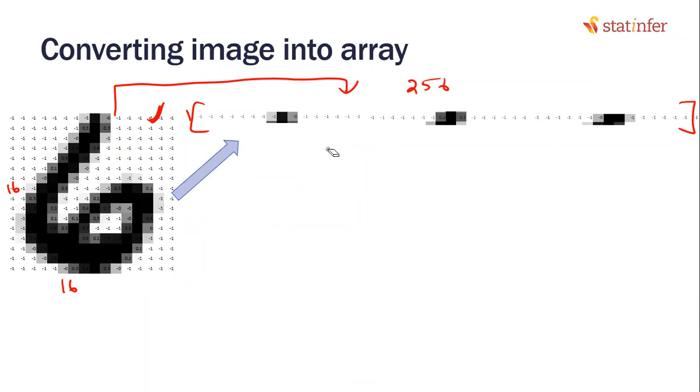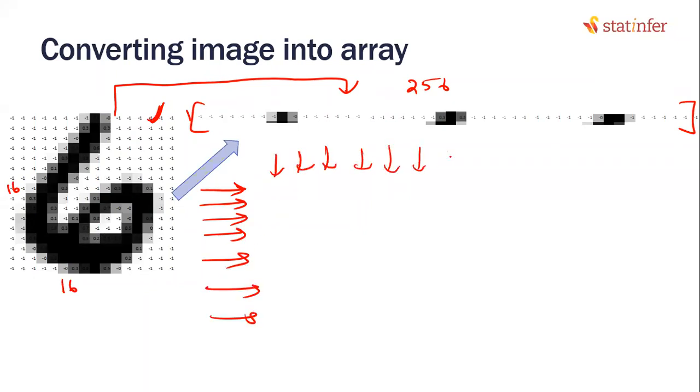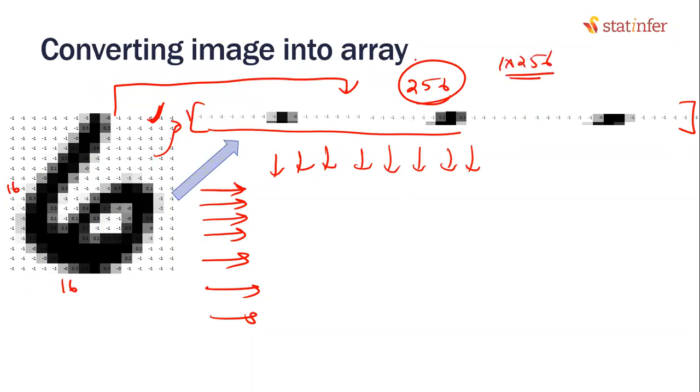If you remember our data set in ANN, we had around 7,000 images. The columns are all the pixels, around 256 pixels, isn't it? So one image of 16 by 16 has been converted into one array of 1 by 256. This is called flattening of the images.